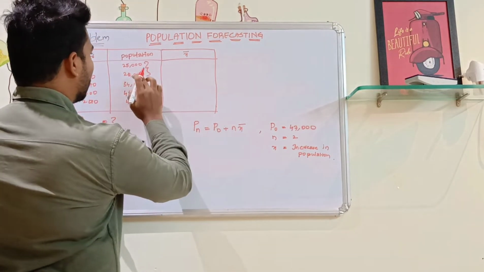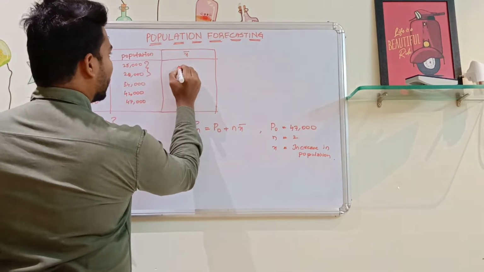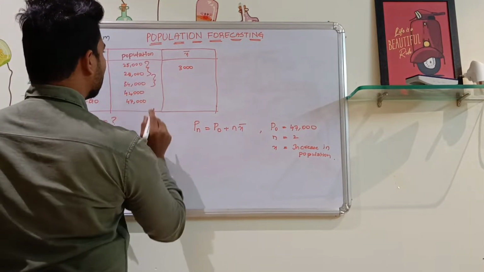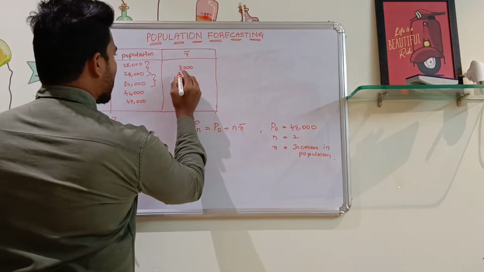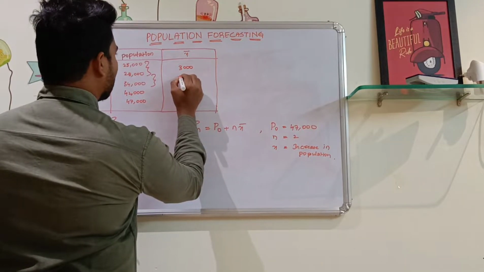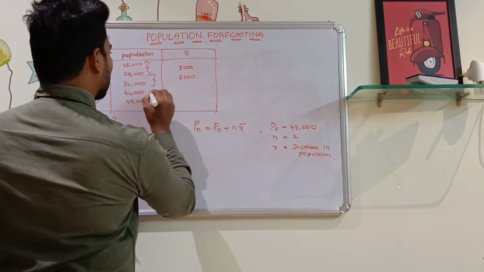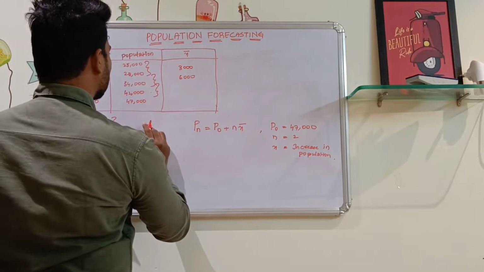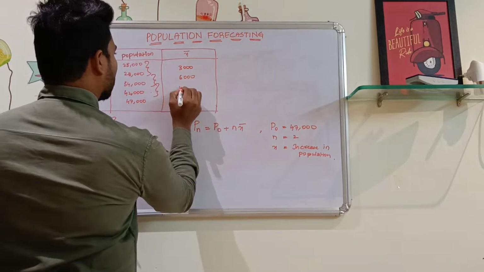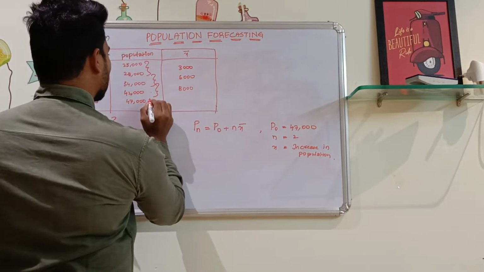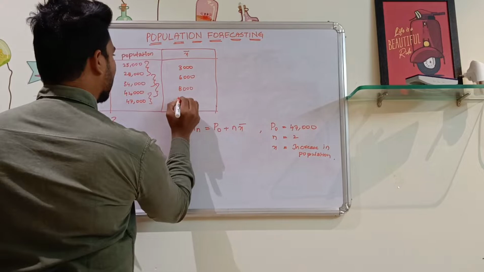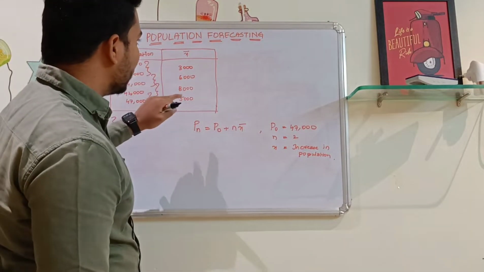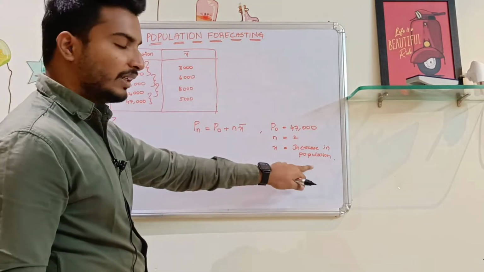So 28,000 minus 25,000, X bar is 3,000 here, and for the next decades it is 6,000, then 8,000, then 5,000.